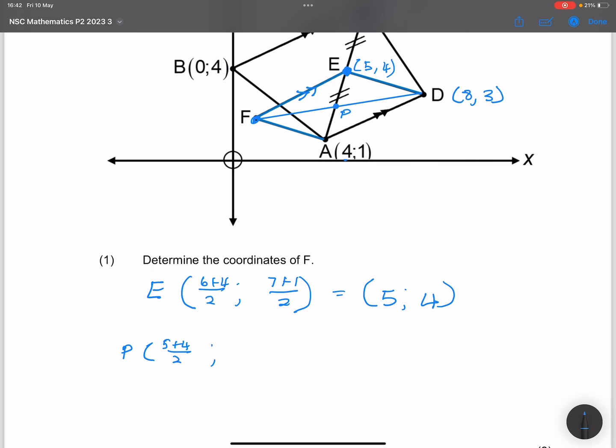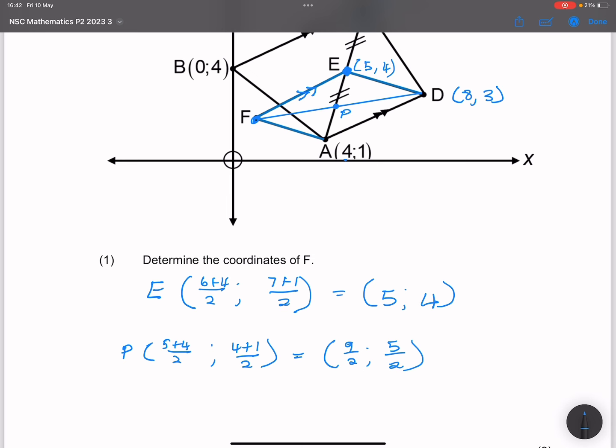That would be (4 + 1) divided by 2. So the midpoint P there would be (9/2, 5/2). All right, so that would be my midpoint over there.